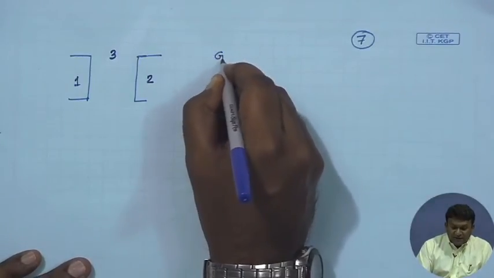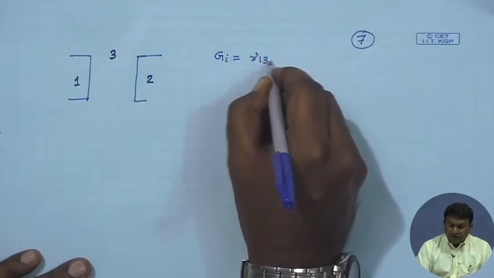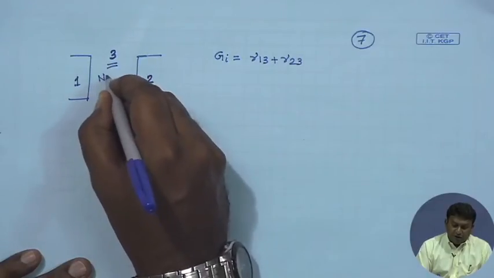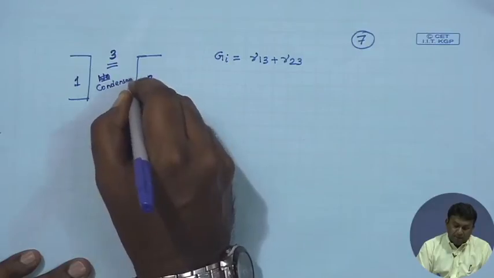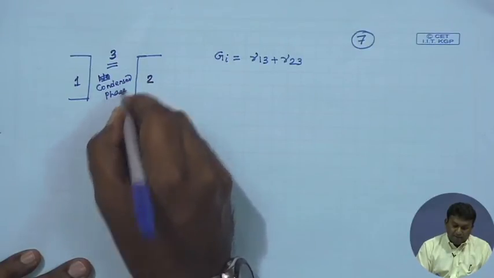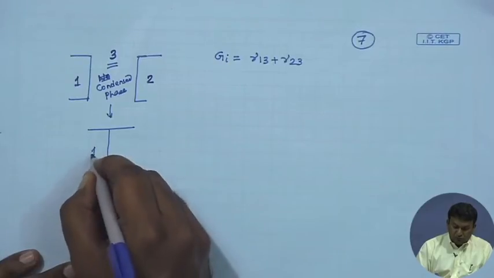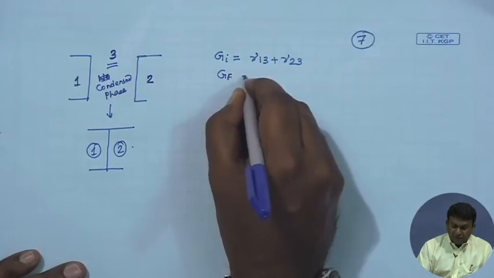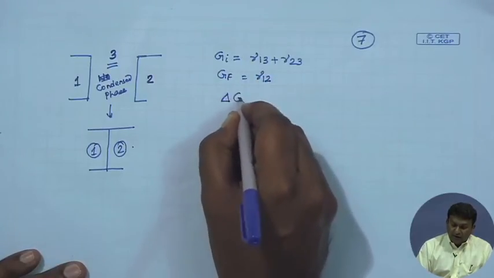So, what is the GI? GI instead of gamma 1 plus gamma 2 is actually gamma 1 3 plus gamma 2 3, because this is a condensed phase as well. And these two now come into contact. So, the GF is gamma 1 2, and one can write the delta G.